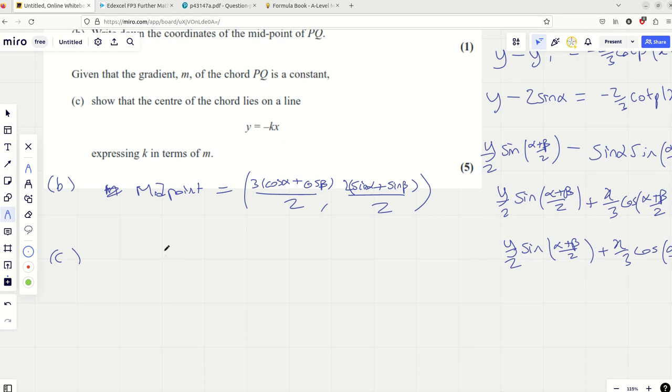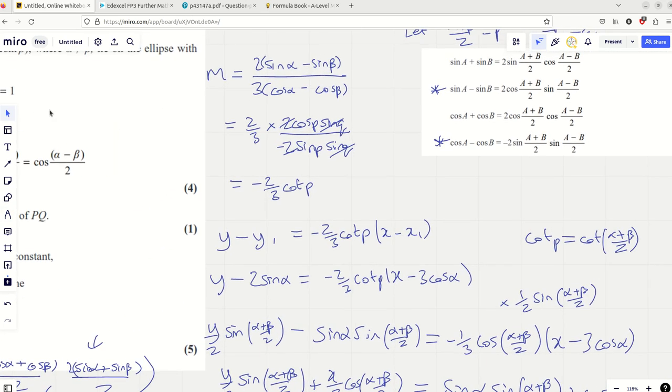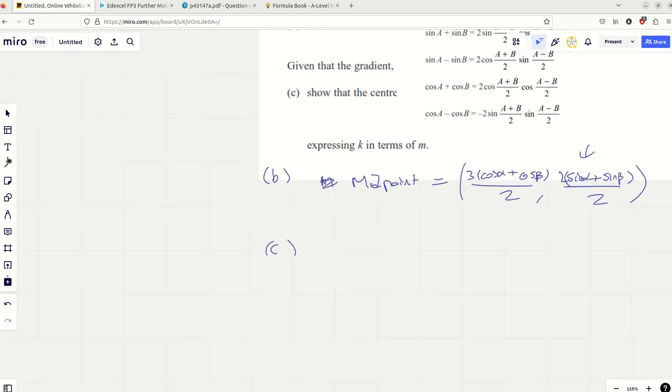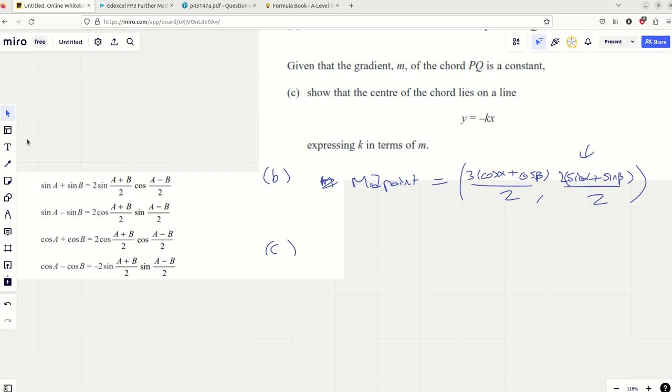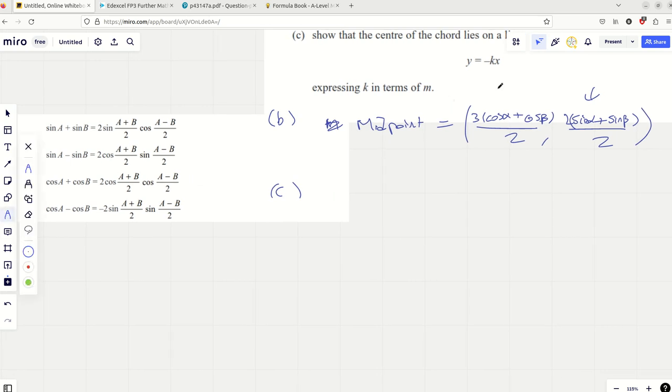Okay, so what we're going to do, well, we've got our y coordinate here, and before we start, let's do the trick we had before. Let's move this formula sheet down here, because we're going to need it. We can now simplify our x's and y's, because instead of writing it like this, let's write the midpoint like this.